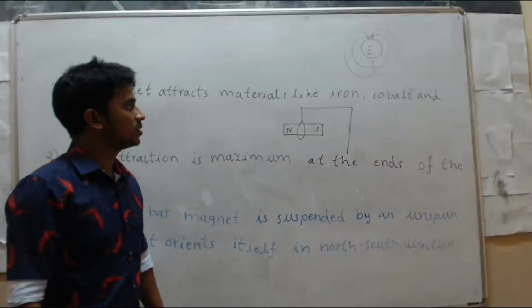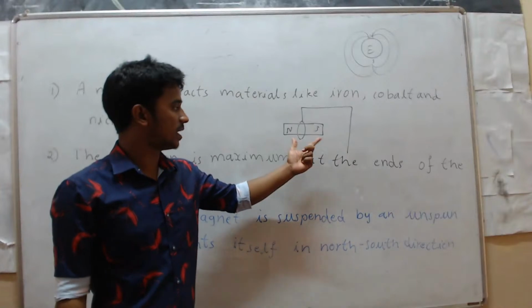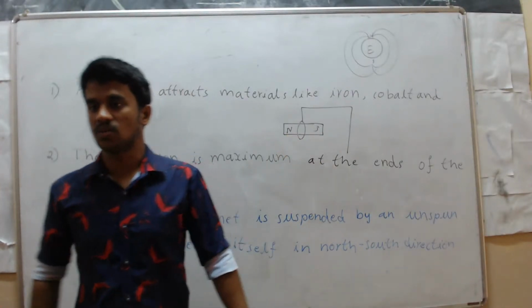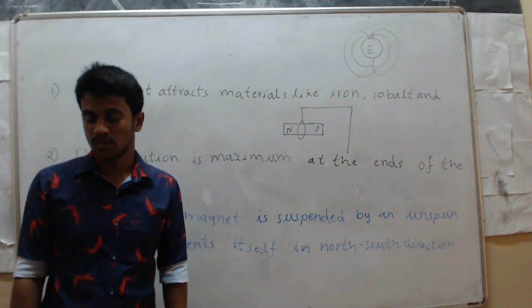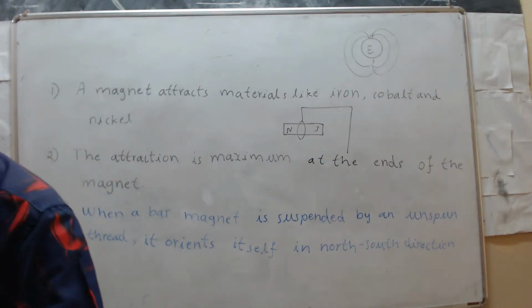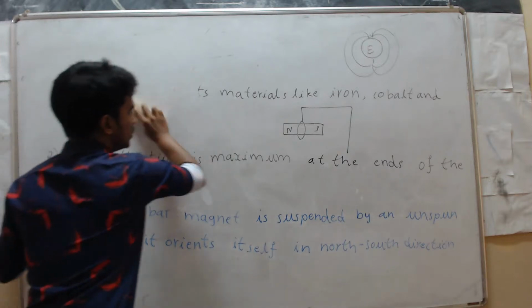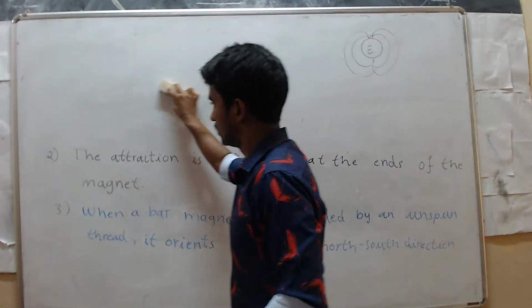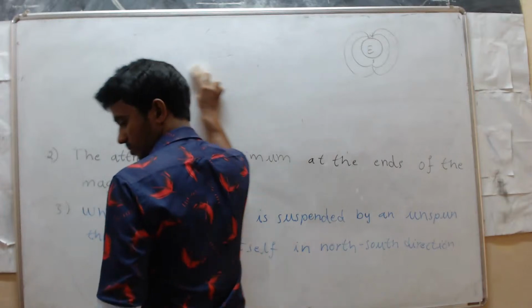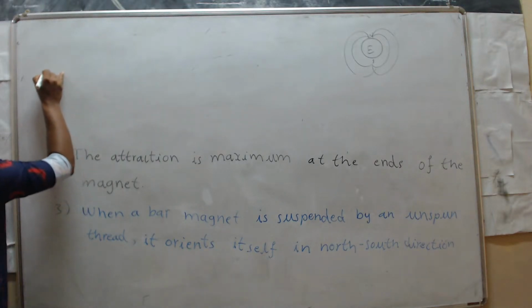When you suspend a bar magnet freely, it will stand in the north-south direction because the Earth behaves like a magnet. Next, fourth one.